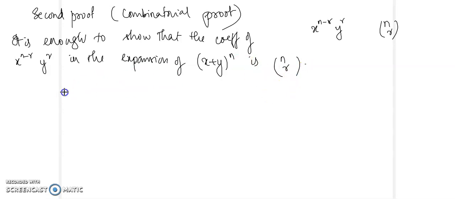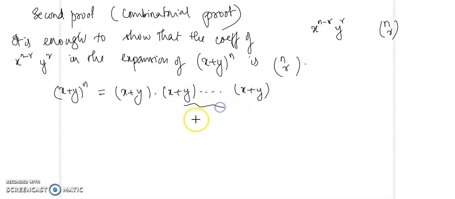Now if you look at x plus y whole raised to n, that will be x plus y into x plus y, etcetera, into x plus y, which is multiplied n times.